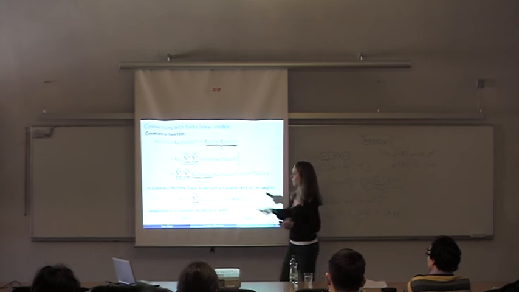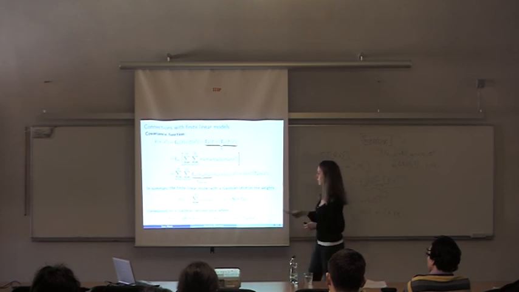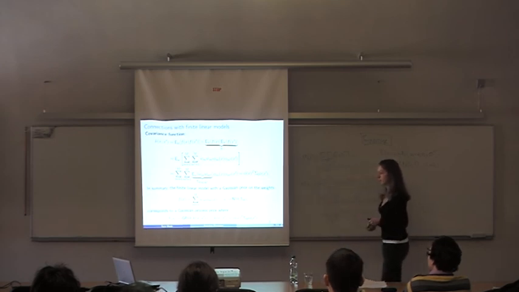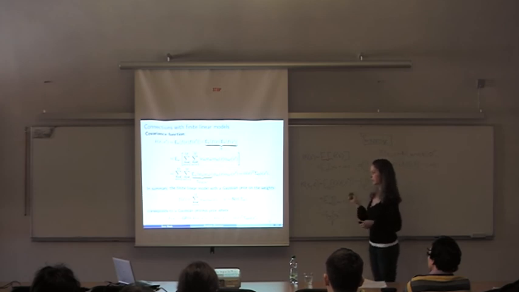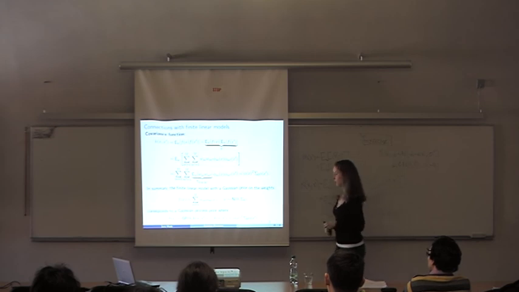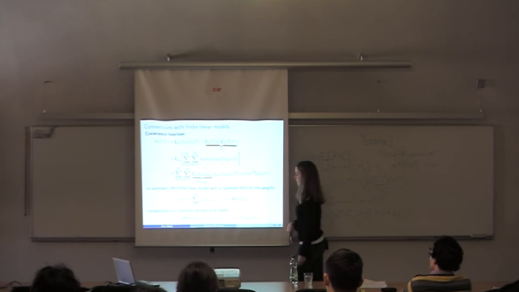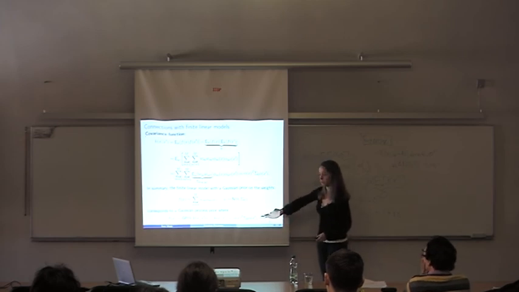So in general, we get that the covariance function has this form here. In summary, any finite linear model with a Gaussian prior on the weights corresponds to a Gaussian process prior with mean 0, in this case if the weights are centered at 0, and the covariance function defined here.